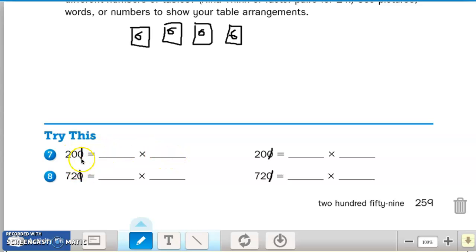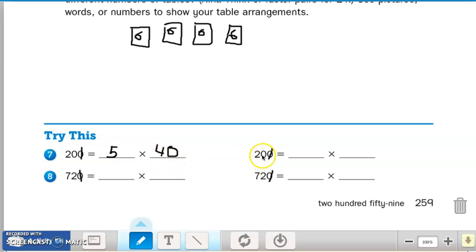What 2 factors equal 20? 5 and 4, right? 5 times 4 is 20. But because there is another 0, we're just going to make this 40. There we go. So 5 times 40 is 200. We could also say 50 times 4.